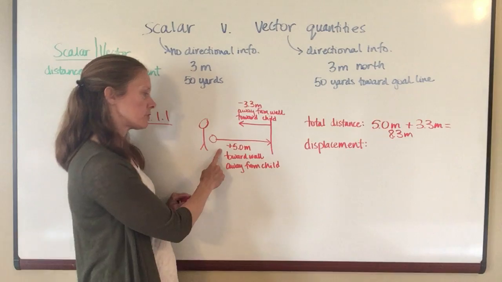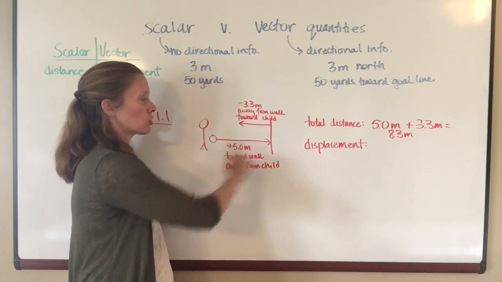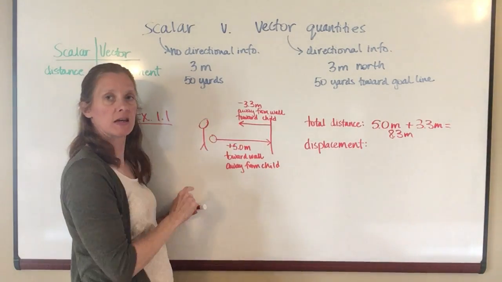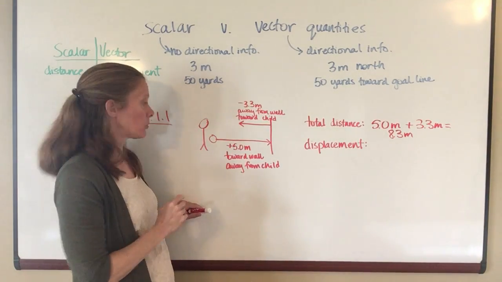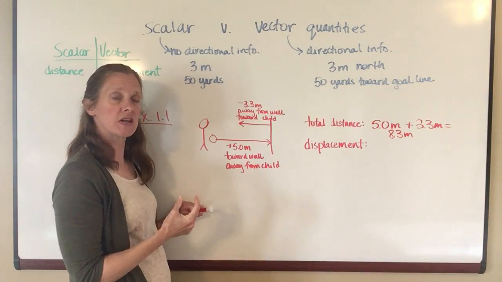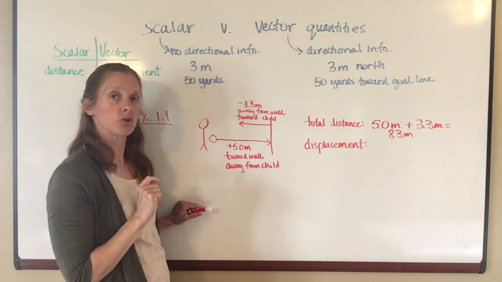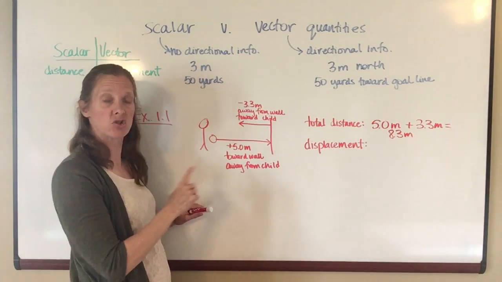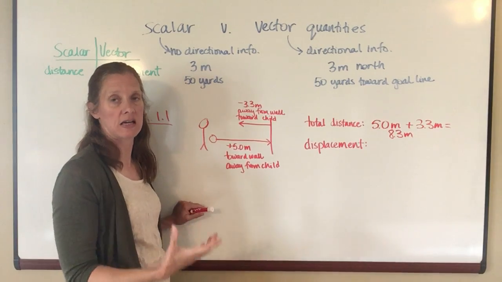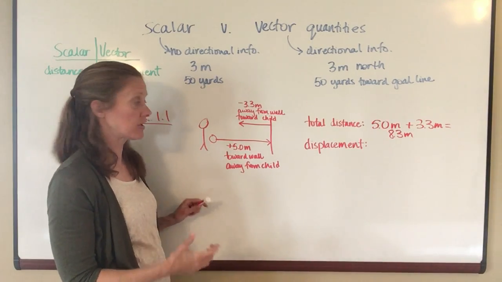When I wrote my numbers up here, I chose to make towards the wall positive and back towards the child negative. You could have done it the other way. You could have made this number negative and this number positive. The only thing is that you've got to make sure that you keep straight which direction is which, so that you know what that negative sign means when you get it in your final answer.